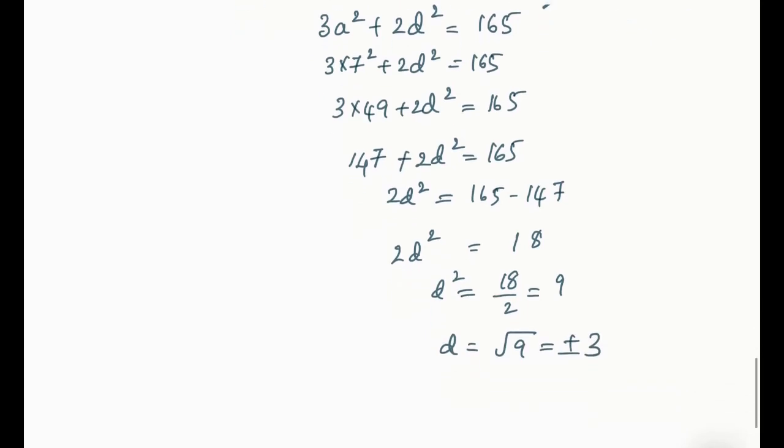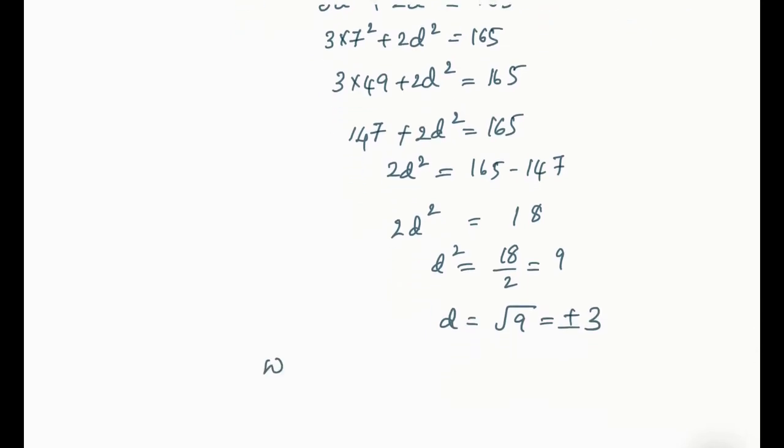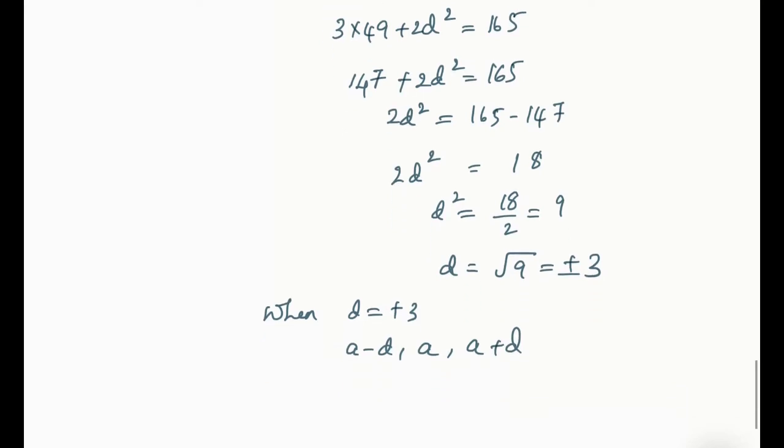So similarly here. When d is equal to plus 3, what is our AP? a minus d, a and a plus d. 7 minus 3 is 4, and 7 plus 3 is 10.